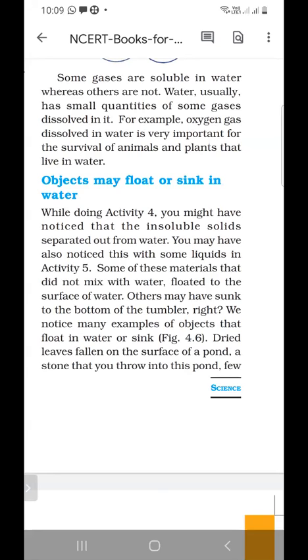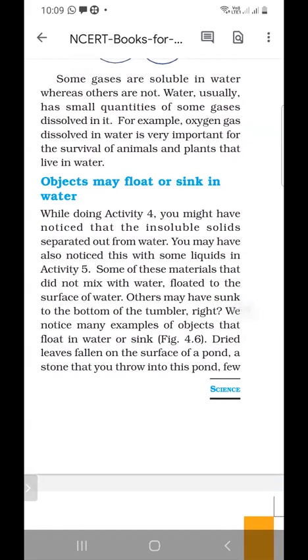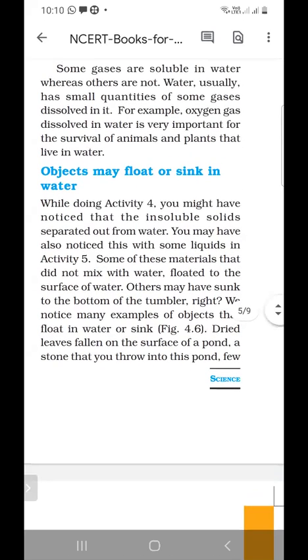So objects may float or sink in the water. You might have noticed that the insoluble liquids separated out from the water. You may have also noticed this with some liquids in activity 5, and some of these materials that do not mix with the water floated to the surface of the water. Others may have sunk to the bottom of the tumbler, right? We notice many examples of objects that float in the water or sink.